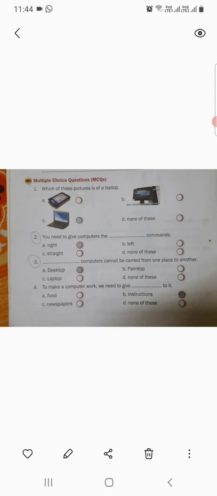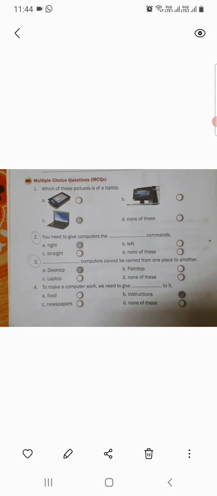Next, number 4 MCQ question: to make a computer work, we need to give dash to it. What are the options we have? Option A, food. Option B, instructions. Option C, newspapers. Option D, none of these. So what is the answer?